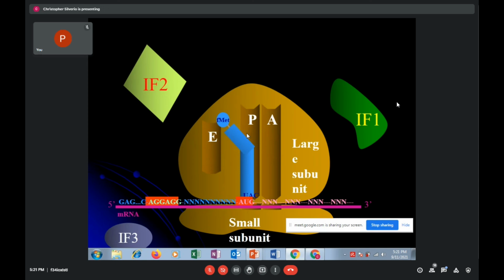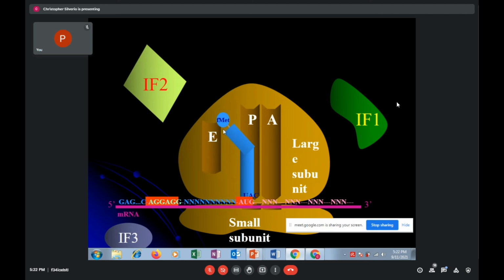And then when it transfers to the E site, this amino acid will be left behind with another transfer RNA carrying another amino acid.